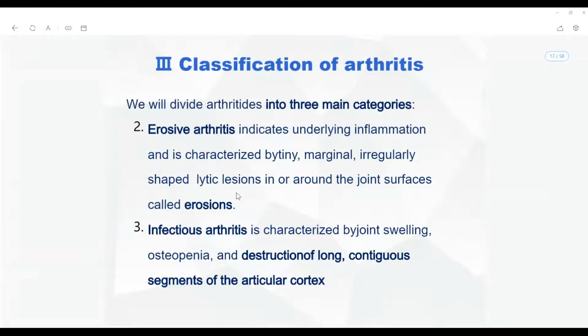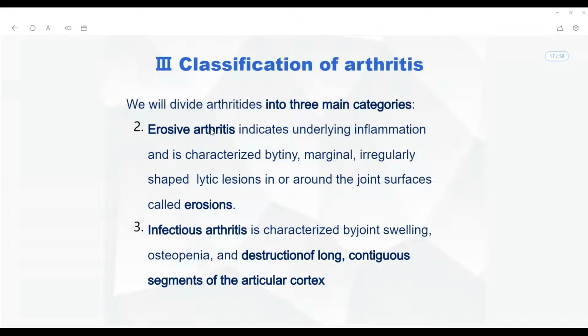Such things are called osteodestructive lesions, or irregularly shaped osteolytic lesions. So erosive arthritis is characterized by osteolytic lesions, generally called erosions. This is the radiographic picture of an erosive arthritis.